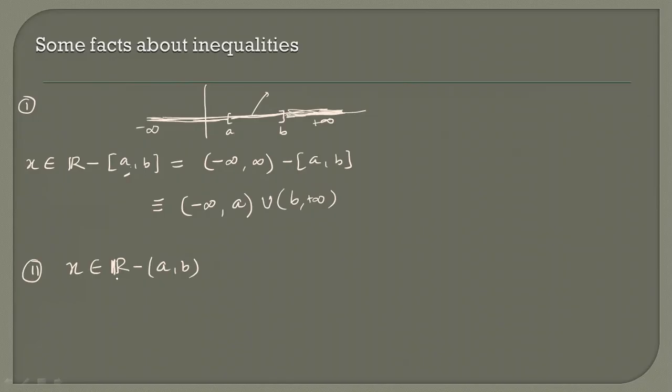If you take real numbers minus open interval a comma b, then it will be equal to minus infinity to infinity minus open interval a comma b. This time you will get closed a union closed b comma infinity, because we are not subtracting the boundaries a comma b.